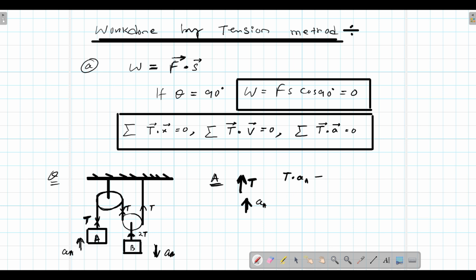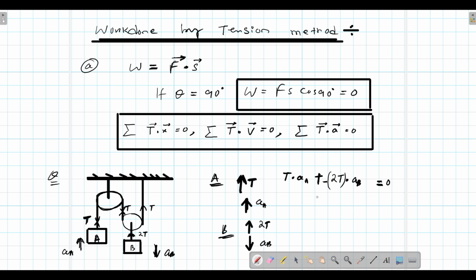plus for B, tension 2T is in the upward direction. Acceleration of B is in the downward direction. So 2T into acceleration of B, as both are oppositely directed, so this is minus 2T into acceleration of B equals 0.